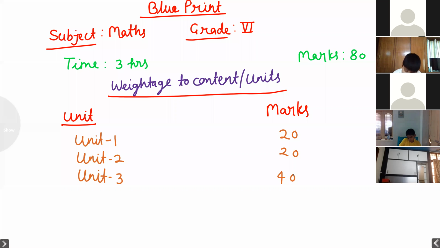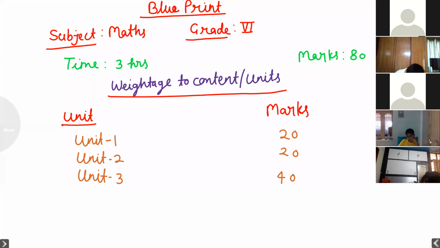Weightage to content or units. Unit 1, 20 marks. Unit 2, 20 marks. Unit 3, 40 marks.